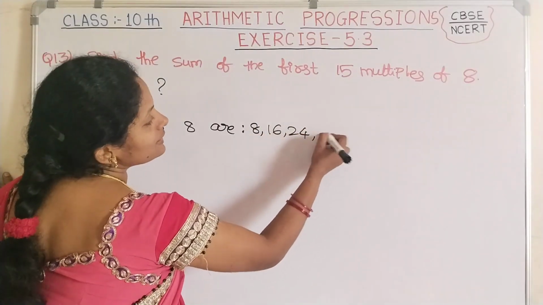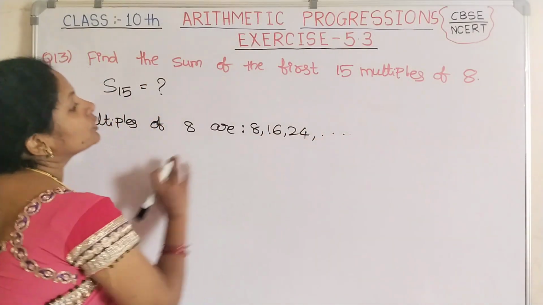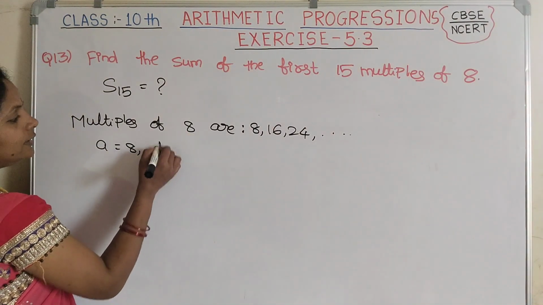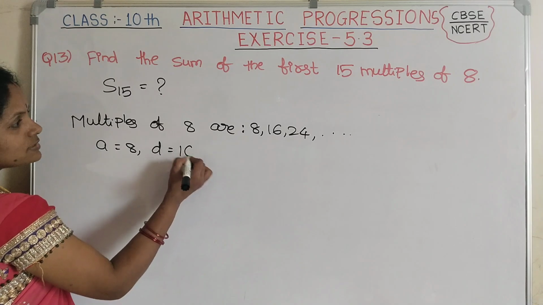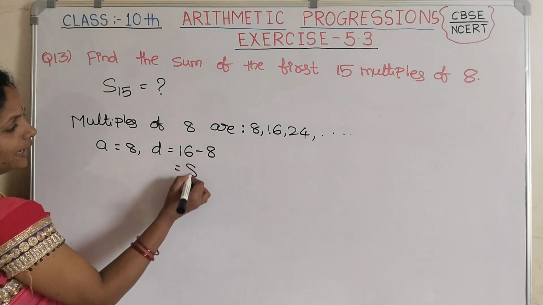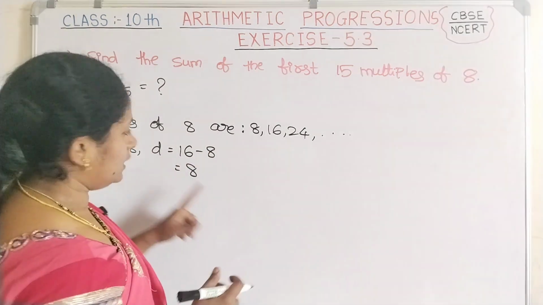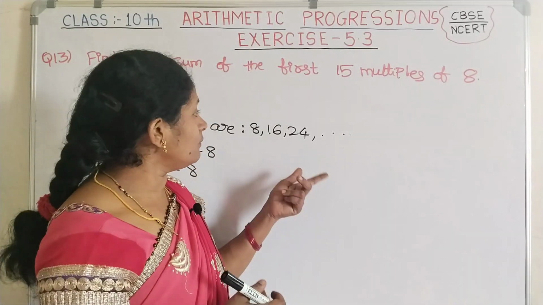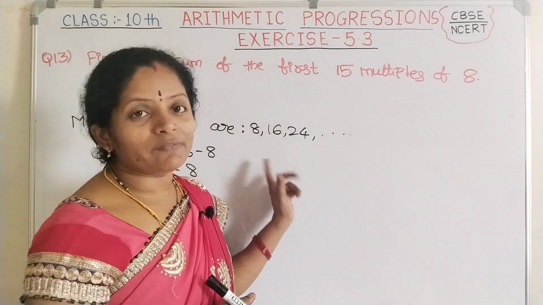All these are the multiples of 8, isn't it? From this, we can write A is equal to 8 and D is equal to 16 minus 8, which is 8 only. Of course, we will get 8 only because every time we should add 8 to the previous term.